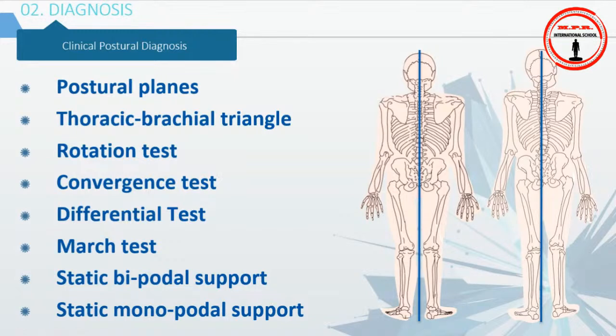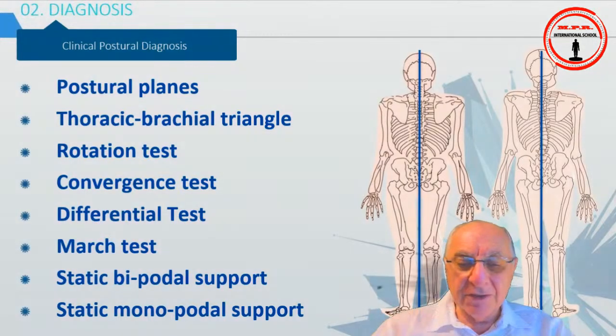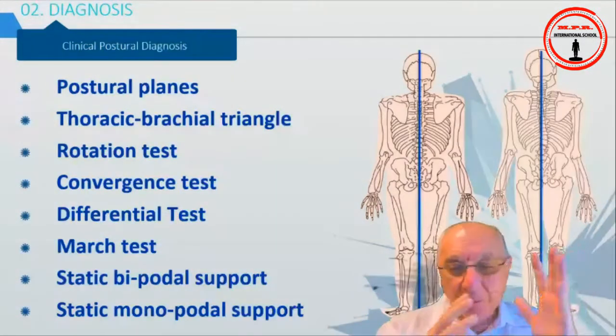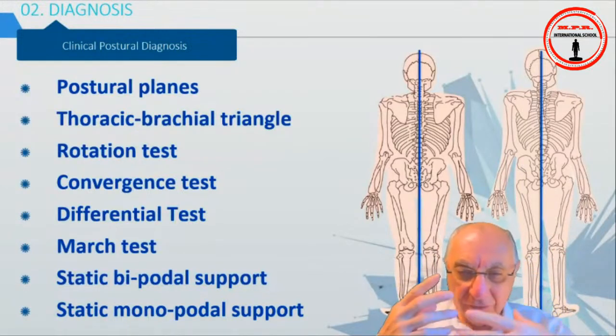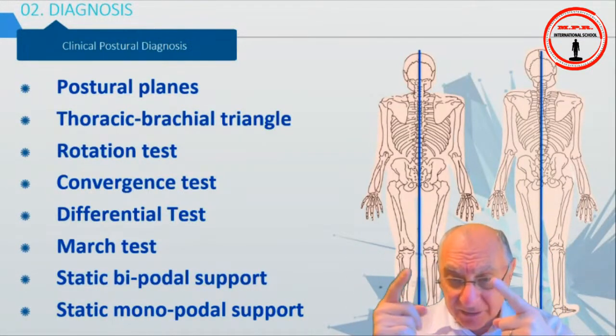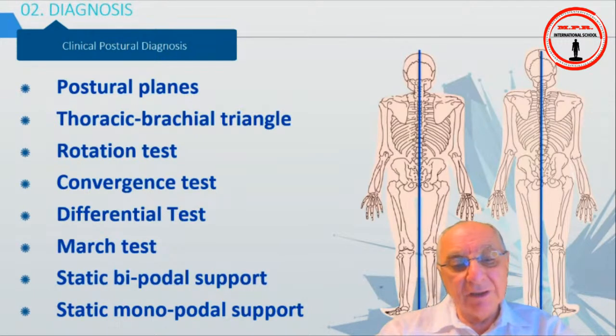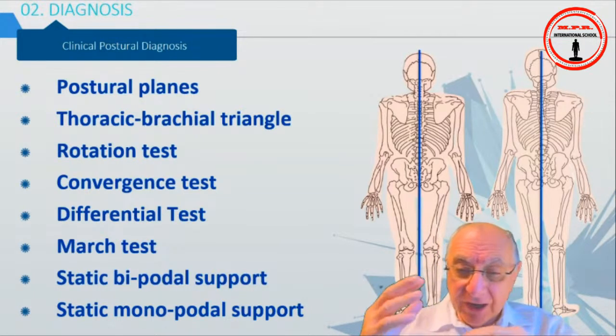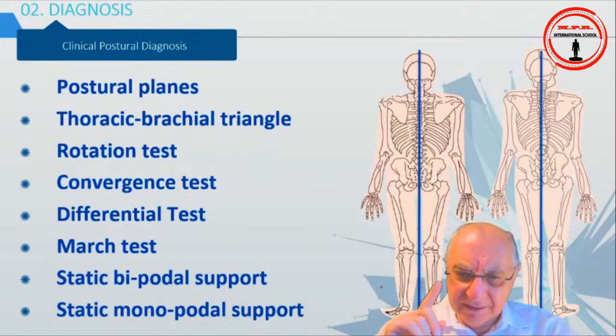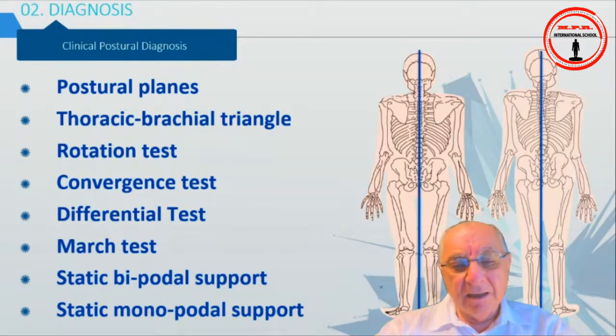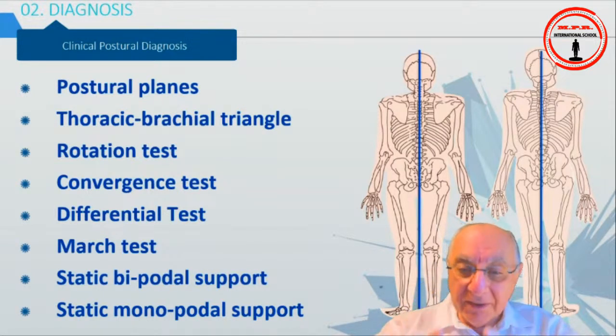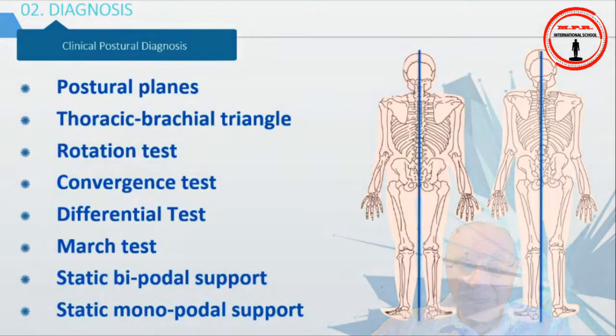Also the convergence test to see the eye movement, the march test, which is not the Fukuda test, and we study the foot support. With this, we have a very complete diagnosis.